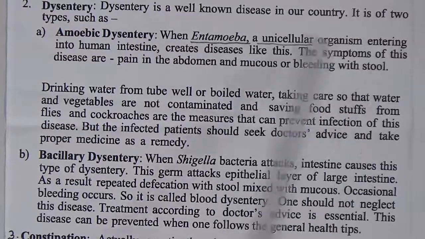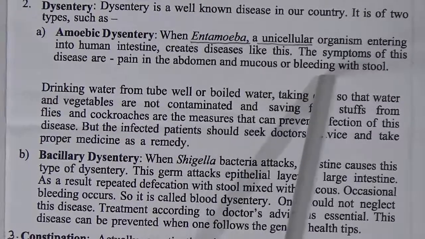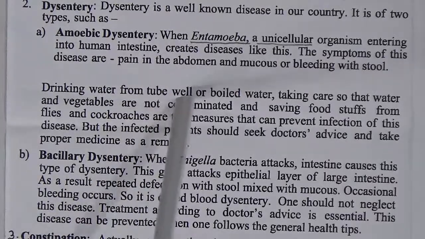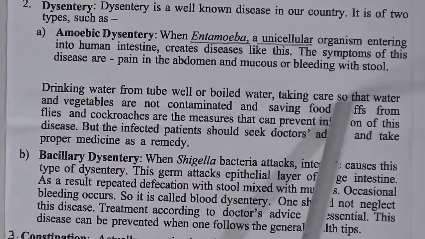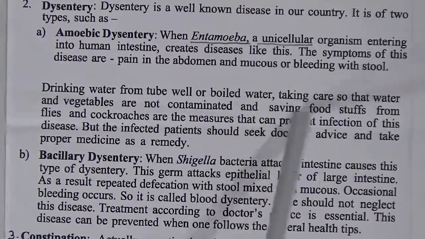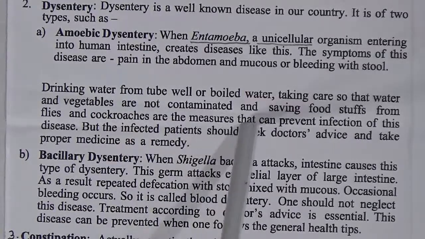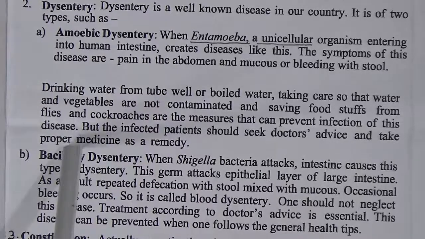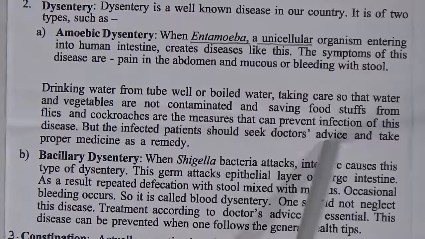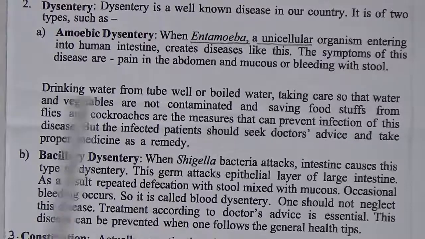The symptoms of this disease are pain in the abdomen and mucus or bleeding with stools. Drinking water from a tubewell or boiled water, taking care so that water and vegetables are not contaminated, and saving foodstuffs from flies or cockroaches are the measures that can prevent infection of this disease. But infected patients should seek a doctor's advice and take proper medicine as a remedy.